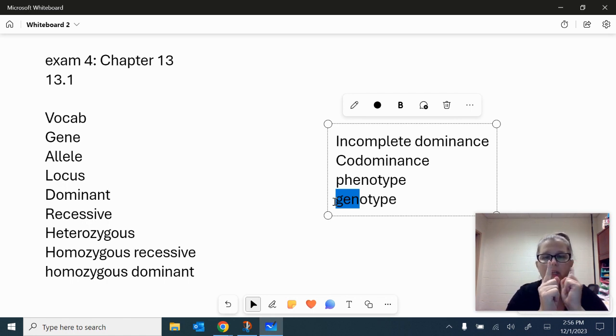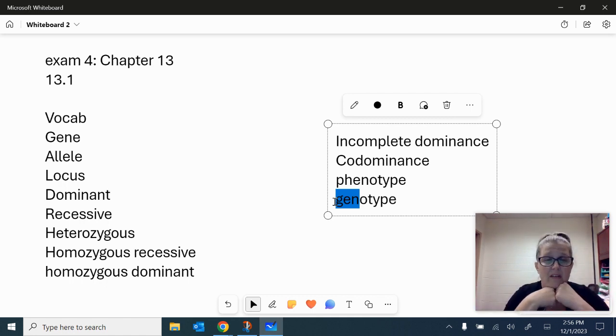So this chromosome and this chromosome, we're going to say my fingers are the chromosomes. They're homologous, and they each contain an allele for the flower color. Let's say this one is the dominant allele and this one is the recessive allele. During meiosis, they're going to separate. That is the law of segregation.